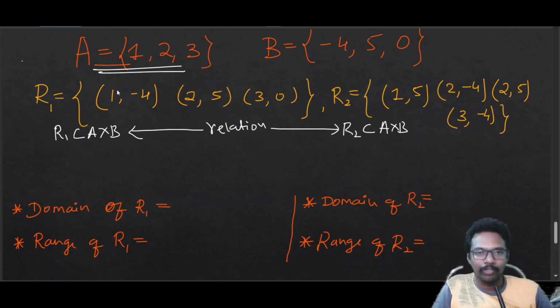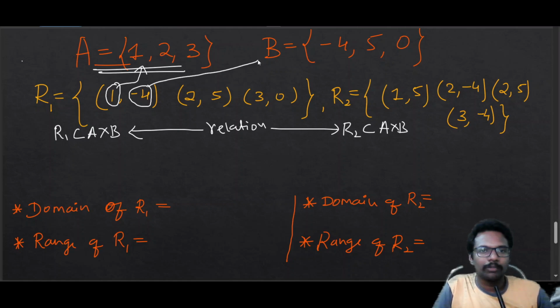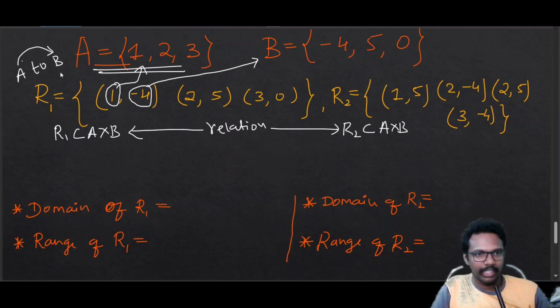If you observe clearly, in each ordered pair the first element 1 comes from the first set A, and the second element minus 4 comes from the second set B. It means R1 is a relation from A to B. It starts from A and ends in elements of B. Similarly 2 is contained in A and 5 is contained in B, and 3 is contained in A and 0 is contained in B. So the first elements 1, 2, 3 are all from A, and the second elements minus 4, 5, 0 are all from B.